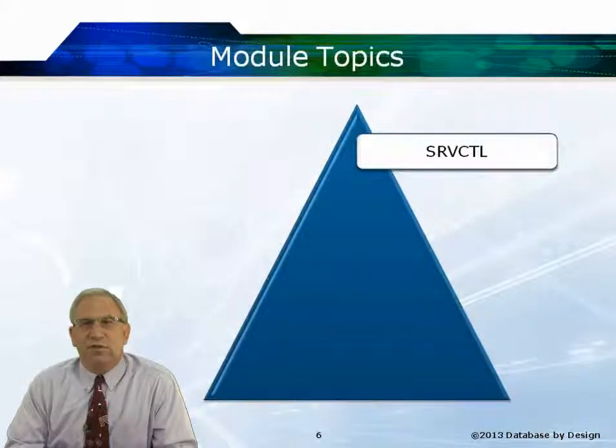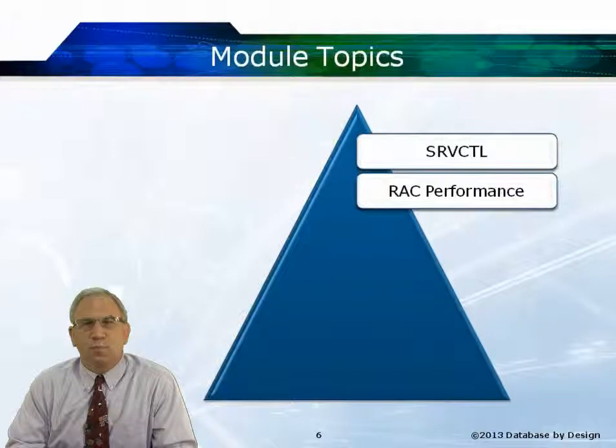The topics will include server control. This is the utility that you will use to start and stop and modify specific RAC components in 11G R2 environment. We will look at RAC performance. This would be diagnosing issues such as AWR, ADDM, and look at the GV tables. We will look at cluster interconnects as well as the single client access name.